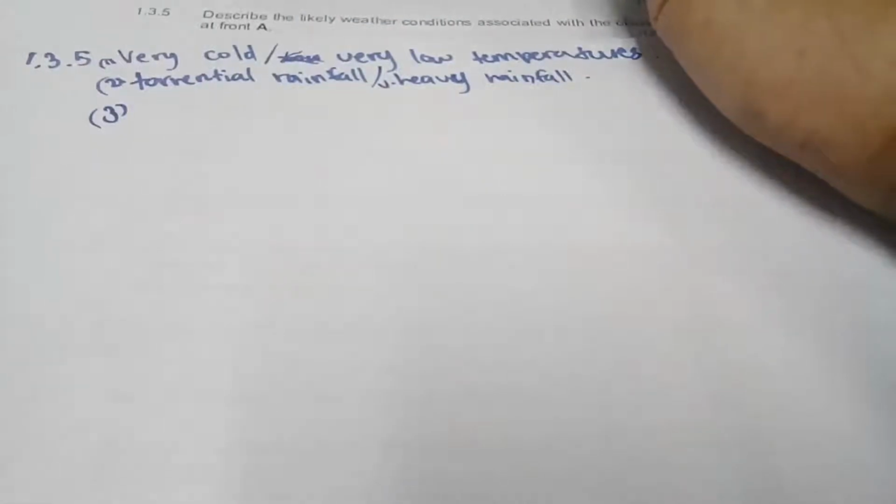Under a cold front, we also know that it can result in hail, or some kind of snow. Yes, I can also say it can result in snow, and also thunderstorms.